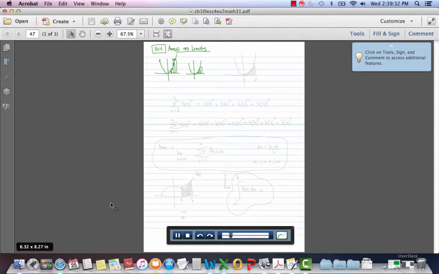The more rectangles you do, if I had my parabola here and I divided this area into thousands and thousands of those little rectangles, my estimate gets closer and closer to the actual area that's under the curve. So that is in some way where they come up with the idea of integrals and areas under curves.